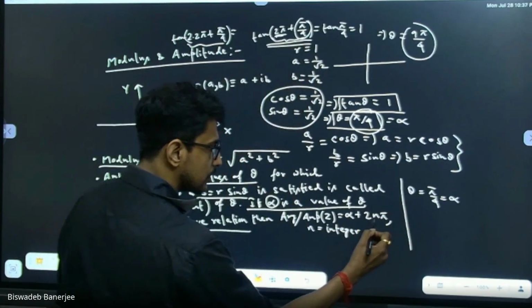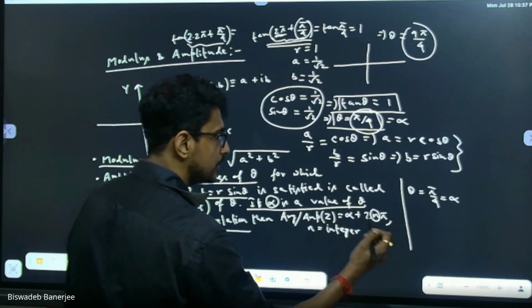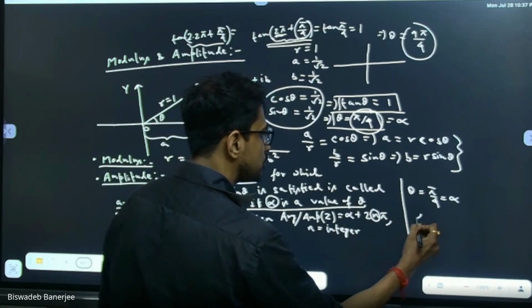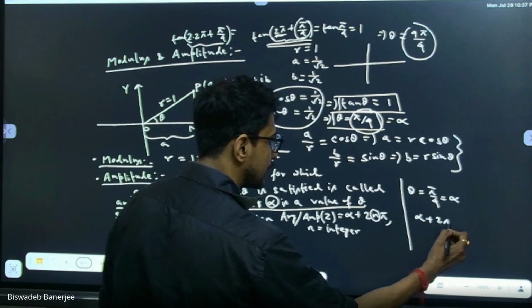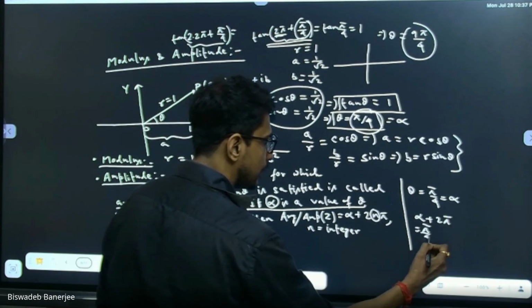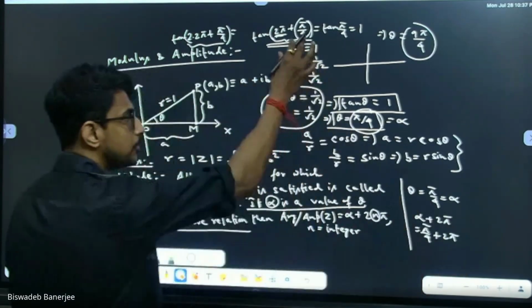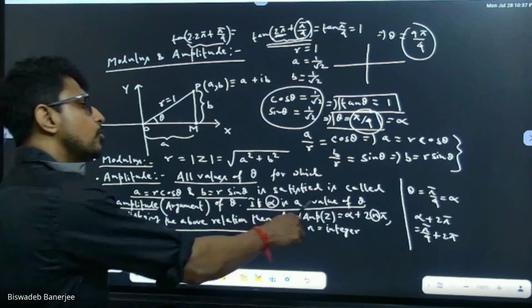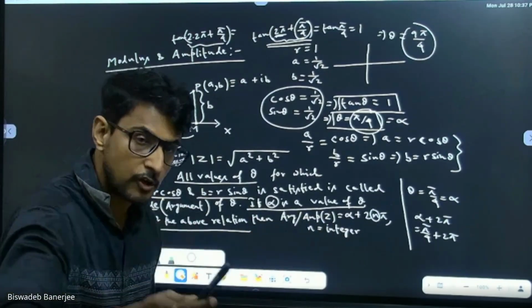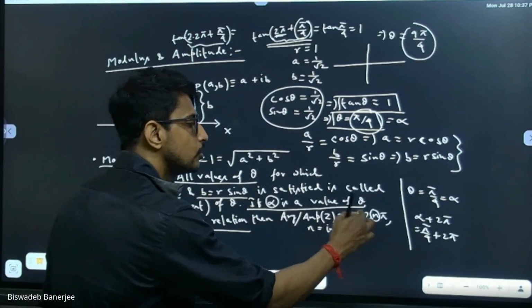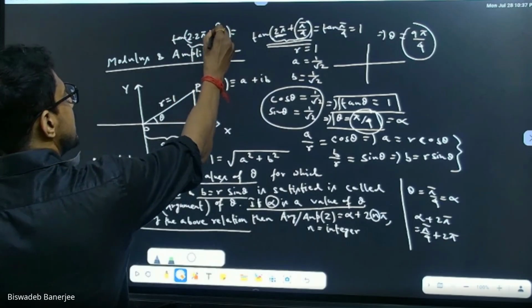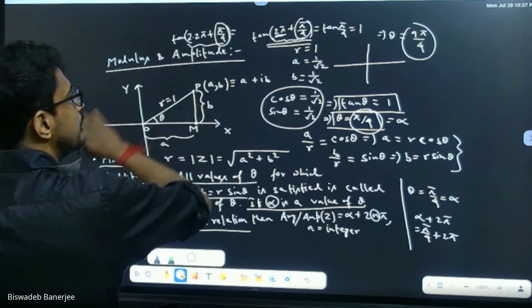So if we put n equal to 1, my another value of amplitude will be alpha plus 2 pi, that means pi by 4 plus 2 pi, as we obtained here. Then put n equal to 2. My another value of amplitude will be alpha plus 2 into 2 pi.